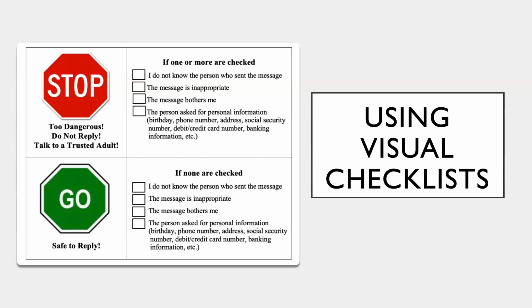The last one is personal information, and it spells out there what is personal information. So they go through those. If one of those is checked, or more than one, but I would always say focus on if one is checked, because if one is, it's dangerous. So they go on to the go portion and do it again. And if none are checked, they go on and use it, or they can reply.